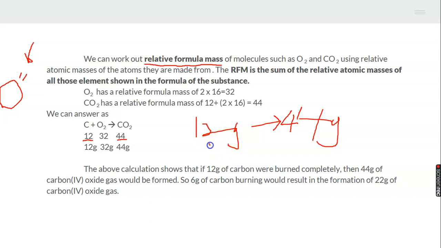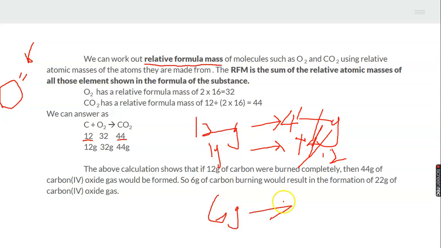Definitely, 1 gram of carbon will give you 44 divided by 12. Then when you're talking of 6 grams again, it gives you 44 divided by 12.